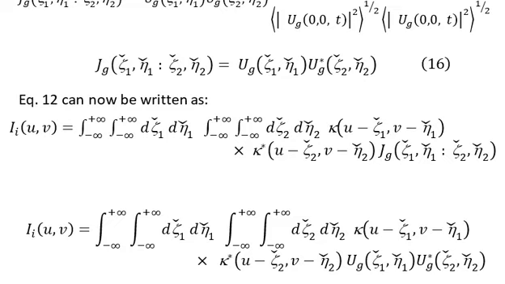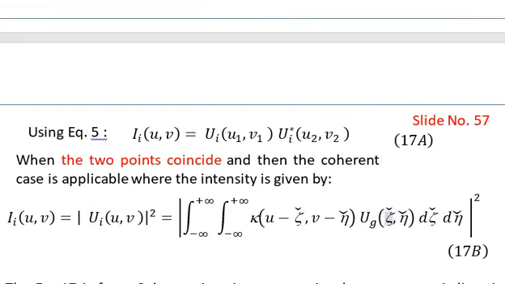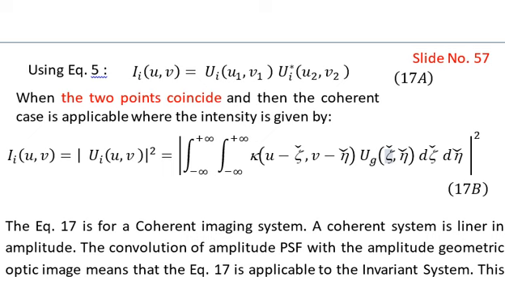Using this we have obtained the intensity expression, and also assuming that the two points at the image plane coincide with each other, we have written equation 17b, an expression for the perfect coherent case. And kappa is already independent of time, even when we were using a narrowband polychromatic light source.